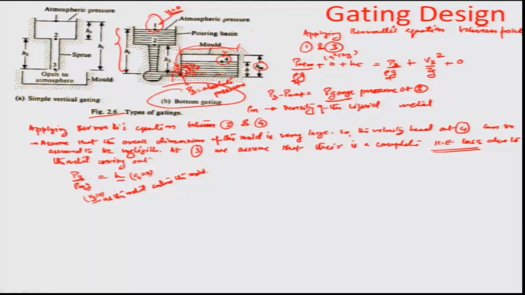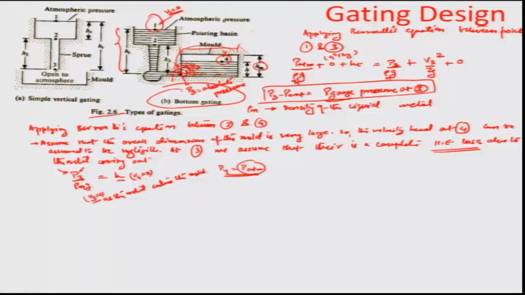Similarly, V4 is 0, and we assume that P3 is the gauge pressure. So, basically what we are talking about is the difference of pressure between P3 and P at 4, where P4 is equal to P atmospheric pressure. Okay. Now, the gauge pressure is always, as you have recalled here, with respect to the atmospheric pressure. So, we can say P3 minus P atmosphere is actually the gauge pressure here.